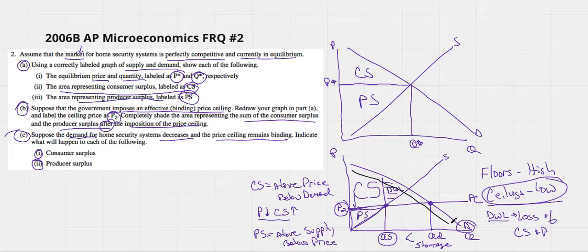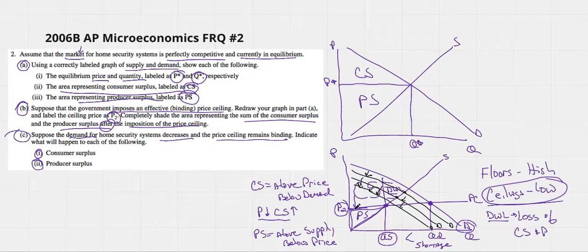As that demand is decreasing, can we still see that our price ceiling is below that equilibrium? So it's still binding. But as that demand decreases, can we see that consumer surplus is getting smaller and smaller? Here we've got our demand decreasing even more. Is the price ceiling still binding? It's still below the equilibrium, so it's still binding. As that demand curve keeps shifting to the left, we can see that we've lost this consumer surplus.